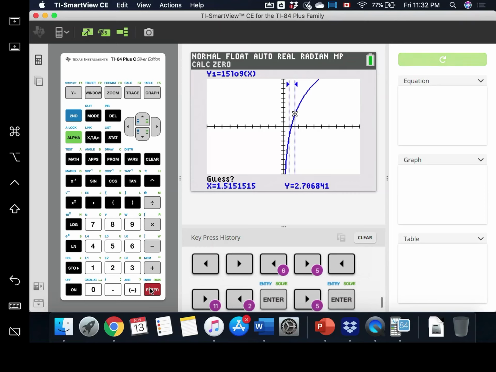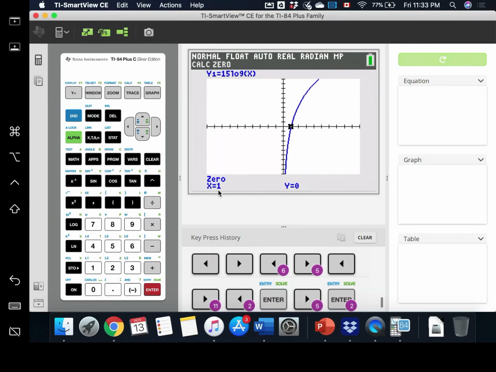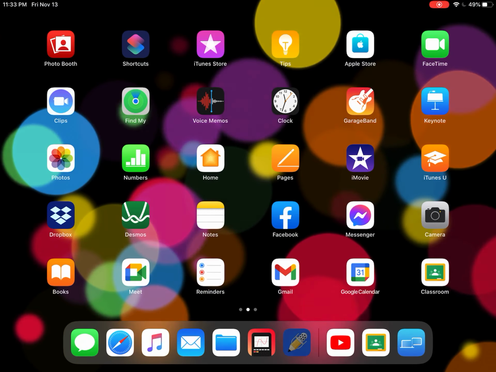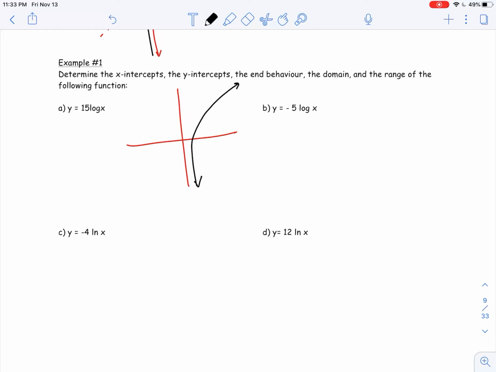In my case, my 2 dotted lines, because I have a TI-84, if they surround your x-intercept, then you know you did it properly. When it says guess, press enter again. And now it should say your 0. Your 0 is x equals 1. Okay, so we're going to write that our x-intercept is equal to 1.